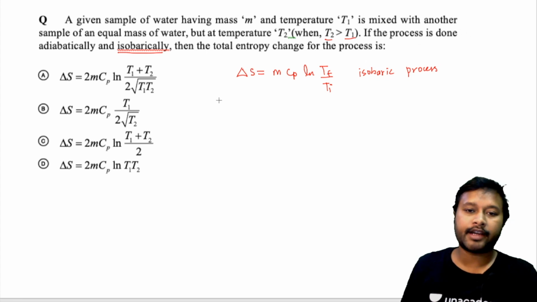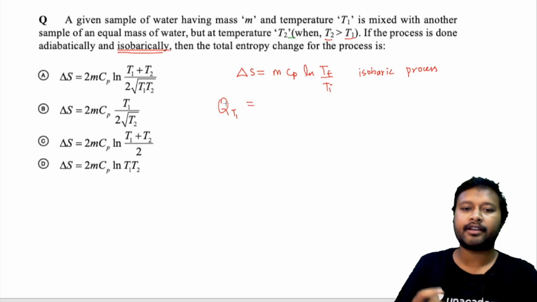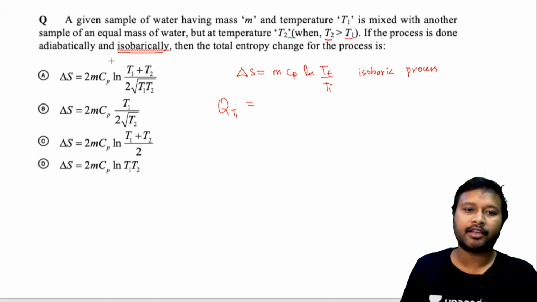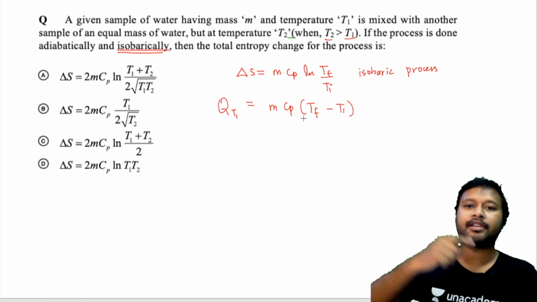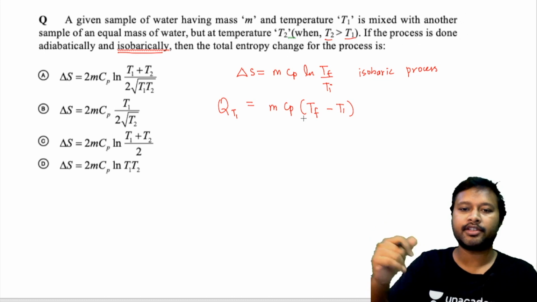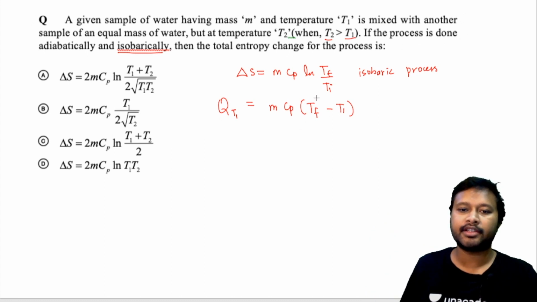Now we also know that heat is conserved. Qt1, the heat given to the system at temperature T1 for the adiabatic process, is going to be mCp(Tf minus T1). You have mixed at T1, and there will be some change in temperature because the process is not isothermal. Let's say the final temperature reached is Tf.